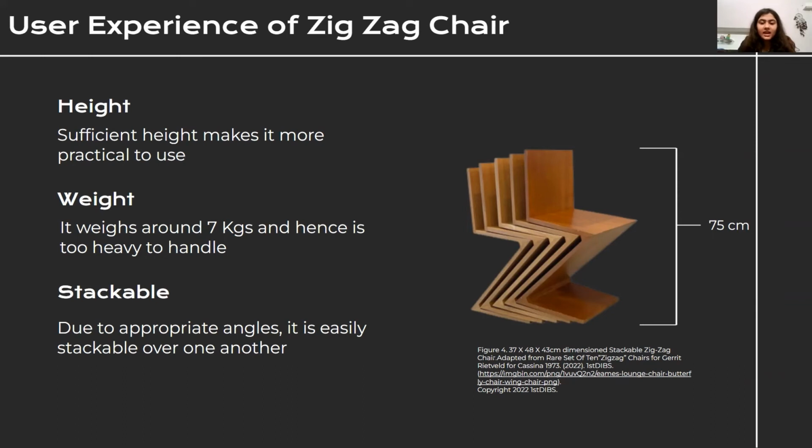Standing on the seat at the back doesn't tip it because the center of gravity is on the footprint. The planks are joined at appropriate angles, which makes the chair easily stackable over one another. It covers a very little space of 196 square centimeters, which does not displace much space but allows it to be perceived in continuance.